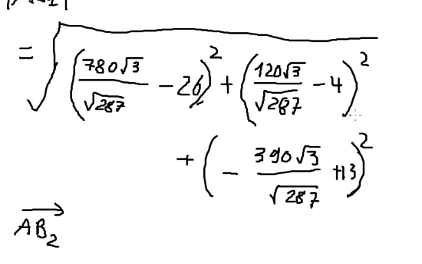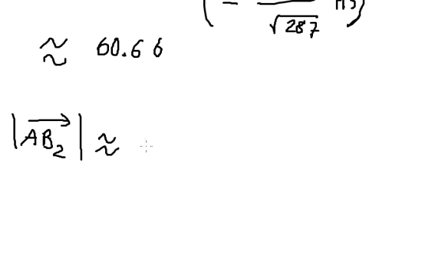We calculate this one and we have approximately 60.66. Now you can do the same technique from AB1 for AB2. This one will be 119.34.